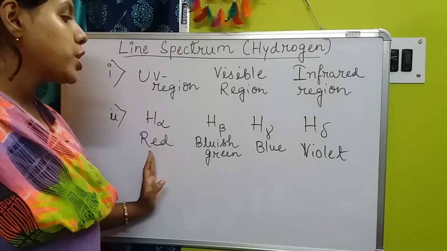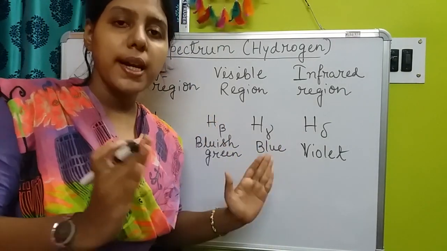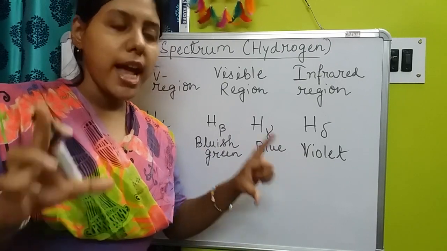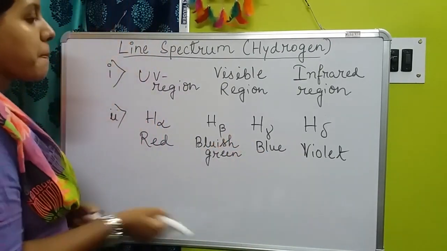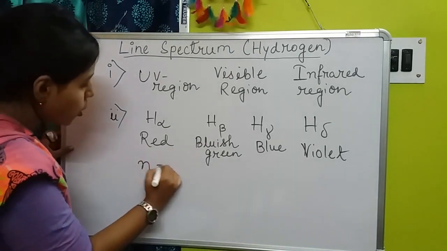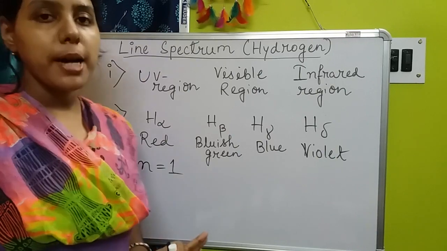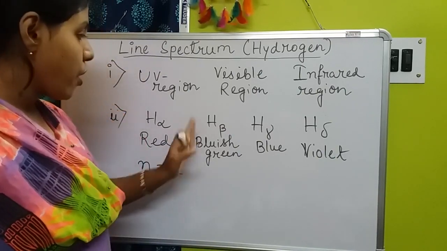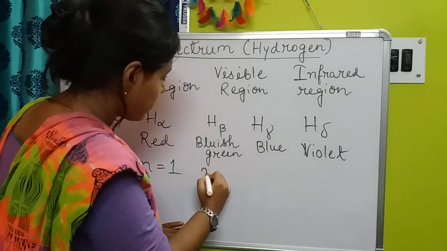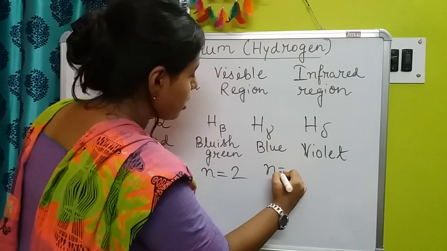These 4 distinct lines observed clearly in the visible region could also be designated by the principal quantum number n. For H alpha, n is denoted as 1. For H beta, it is denoted as 2.